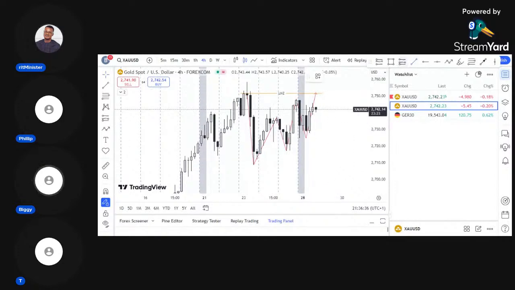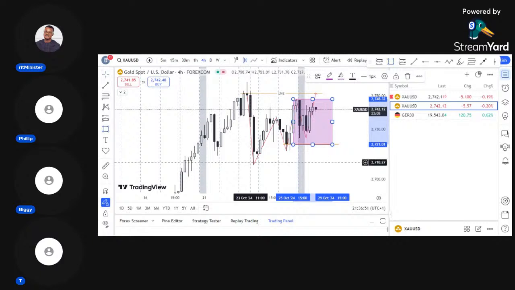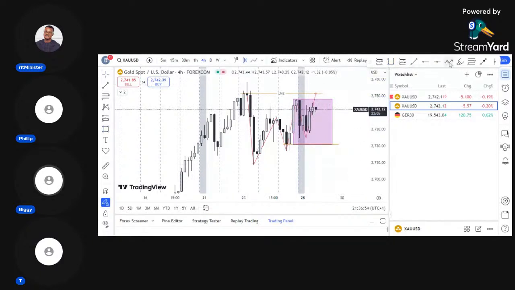Or if we break below this point here, because if you look, this is the main structure of the substructure. If this main structure of the substructure has been broken, and the market closes below here, then I can start looking for more reversals to the downside.